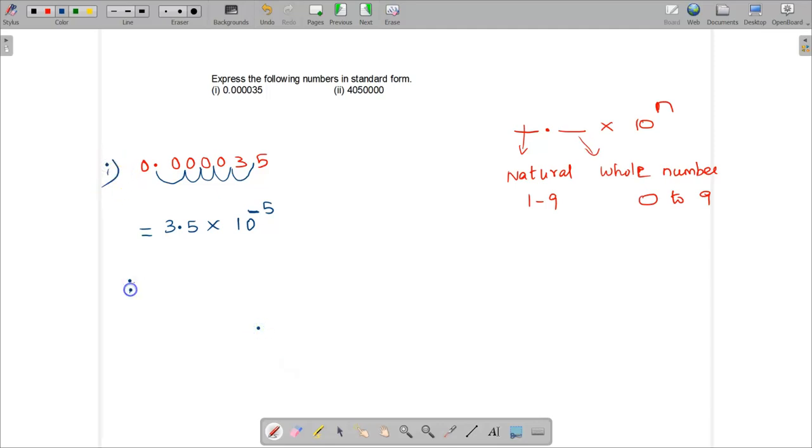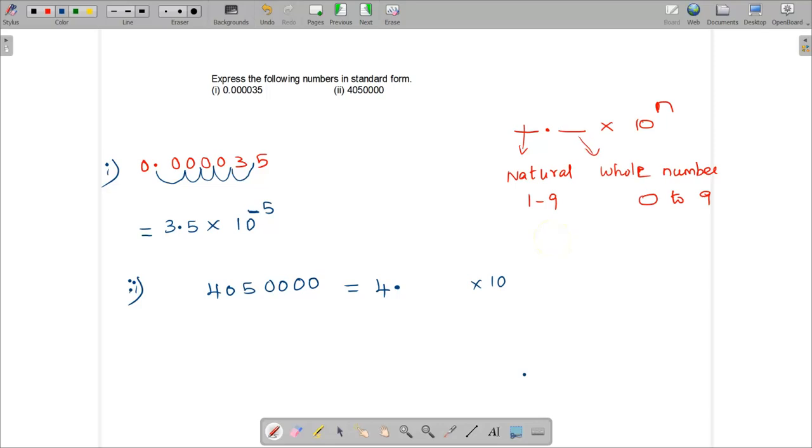Then coming to the second problem, it is 405 and then we have 4 zeros. How can we express this? We need to consider the first natural number. Here the first natural number is 4, so I have to express this number as 4 point something into 10 power.